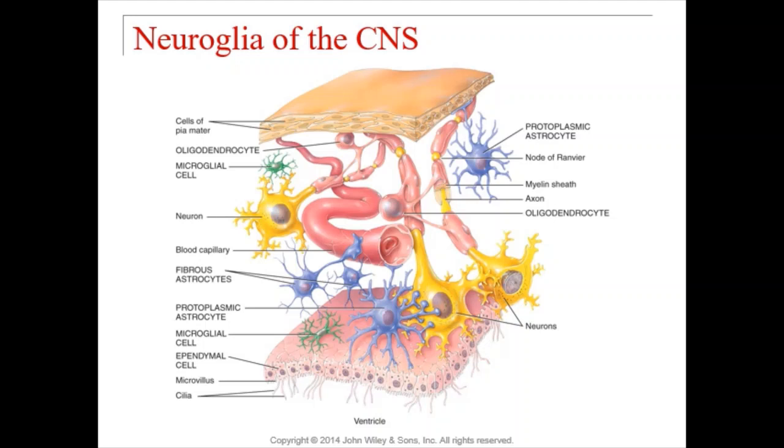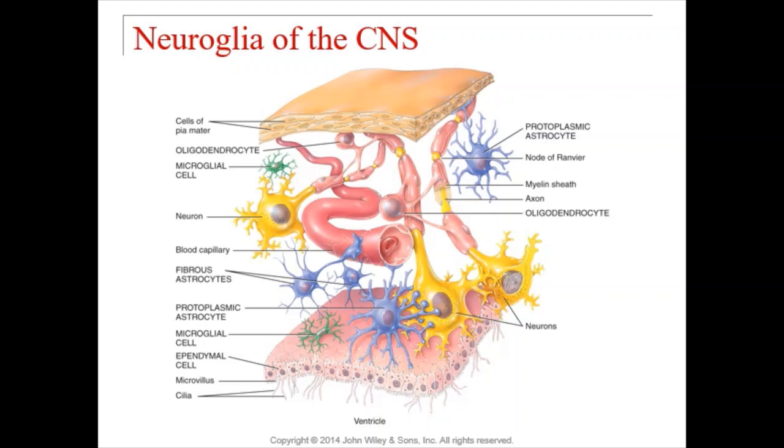And it tells you in the name. It's literally a barrier between the blood and nervous tissue. Why? Because you would think tissue made up of cells would need oxygen and nutrients, which they'll get from the blood, which is true. But sometimes you get things in your blood that you don't want getting to your tissues. I'm talking about infections. Sometimes people get infections in the blood. It's called sepsis. And you don't want that to spread to the brain and make your brain or spinal cord become infected.